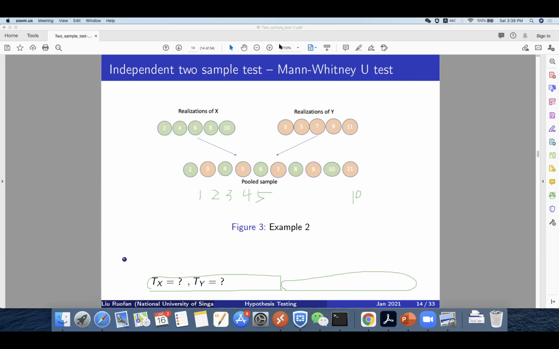I have a question here. Can someone help me compute Tx and Ty in this case? Anyone want to volunteer? If no volunteer, maybe I can assign someone. Xiangling and Yufan are working. How about Yihao? Yihao, are you listening?